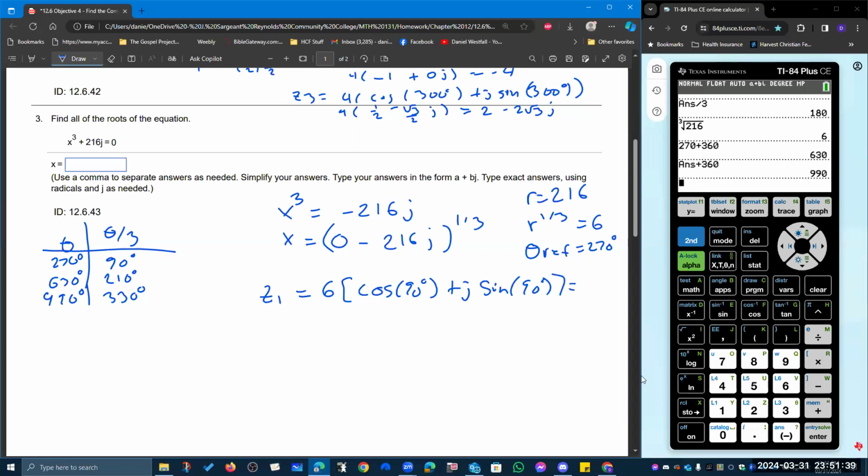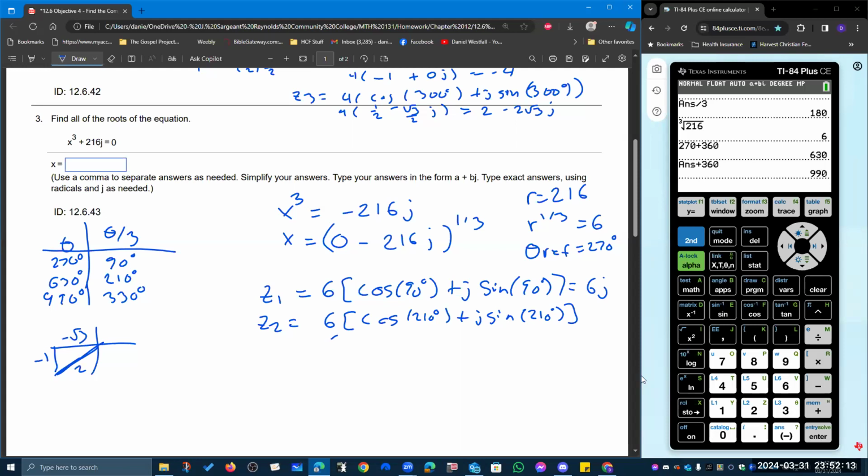Cosine of 90 is 0, sine of 90 is 1, so this is 6j. z2 is 6 times cosine of 210 plus j sine of 210. 210 has a 30-degree reference angle, down here it is -1, negative root 3 over 2.